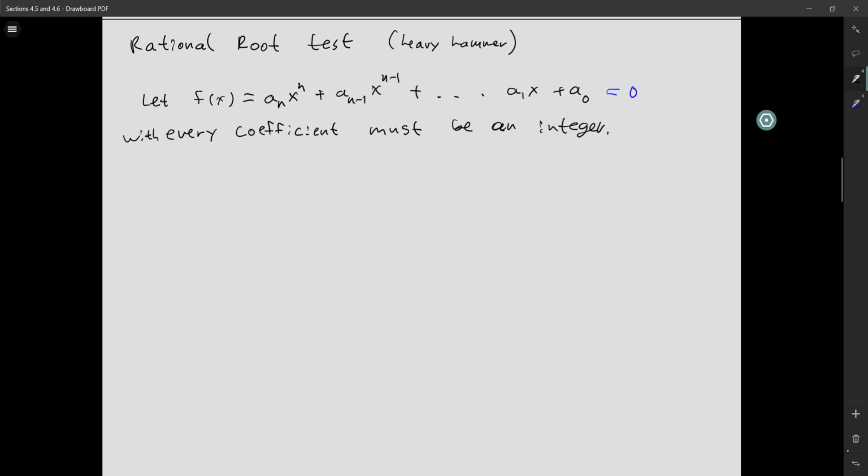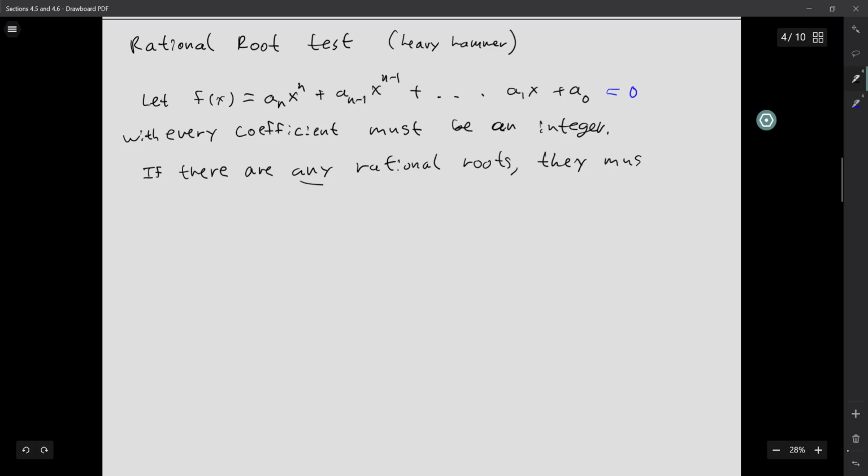So if every coefficient is an integer, then the theorem says that if there are any rational roots, they must be of the form P over Q, where P divides the last number, a sub 0, and Q divides a sub n.